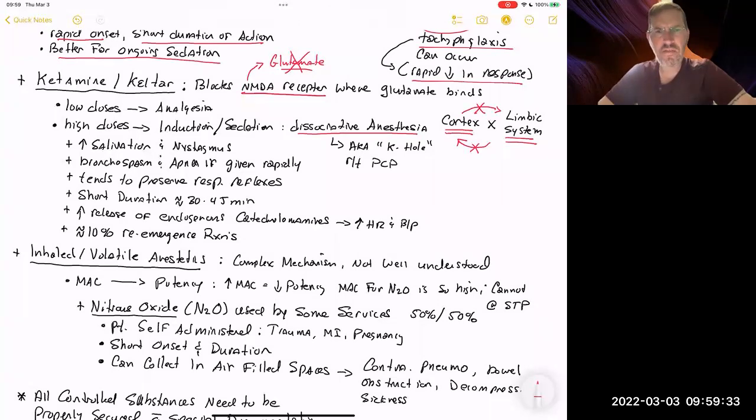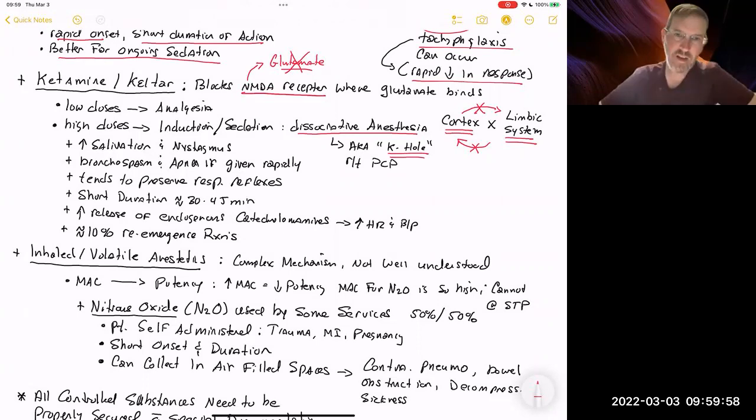That is very similar to what we see with dissociation. This is sometimes referred to as being in a K-hole when somebody gets dissociated, because ketamine is also used not only therapeutically, but in a less than therapeutic context, shall we say.